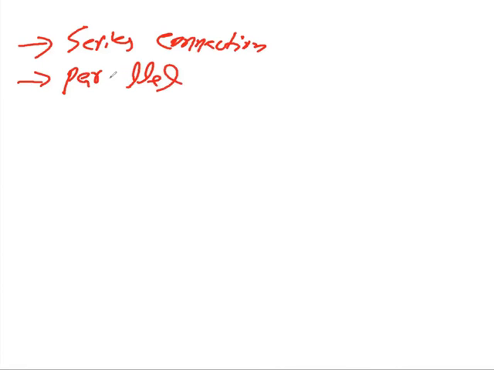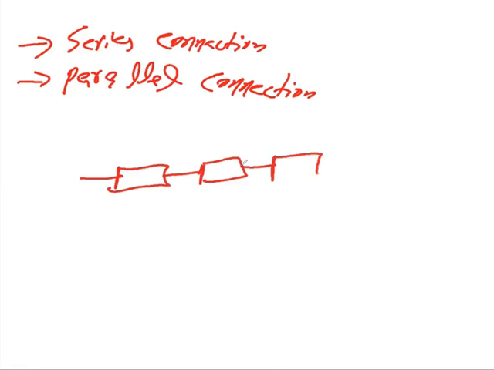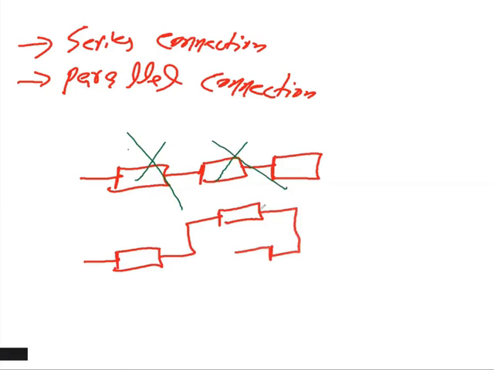Okay, so if three resistors are connected in series like this, then why are we going to make the series connection or the parallel connection of resistance? Oh, that's easy, because in series, if this breaks, then all of them break. In parallel, if one breaks, it won't affect the rest.